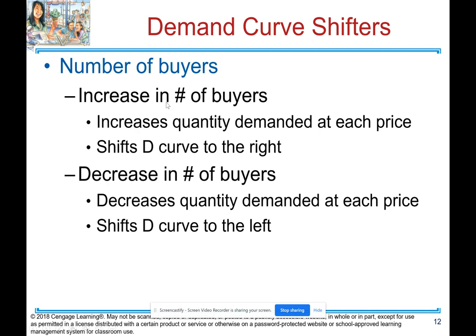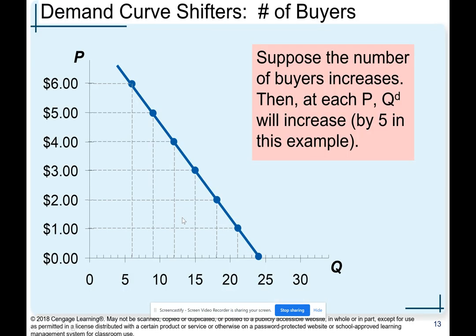Number of buyers is a determinant of demand. An increase in the number of buyers increases quantity demanded at each price, and that shifts the demand curve to the right. A decrease in the number of buyers decreases quantity demanded at each price, and that shifts the demand curve to the left.